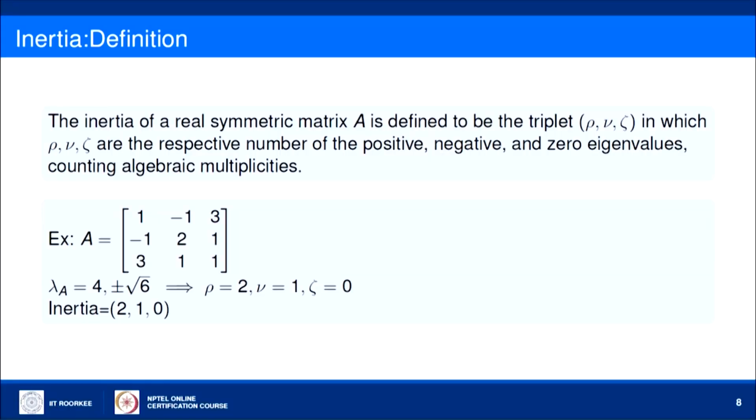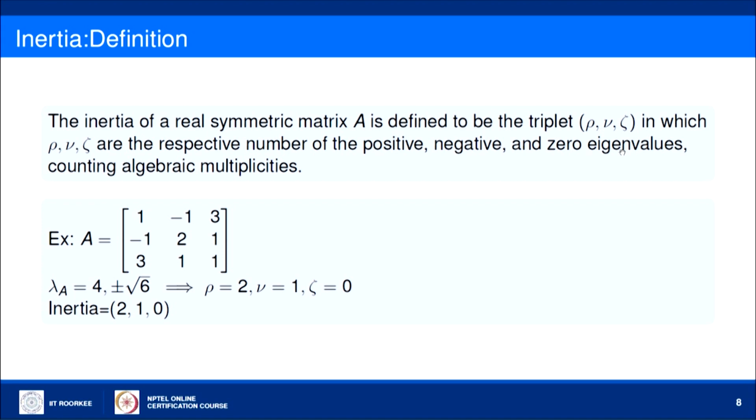Now, my next definition in the same category is inertia. How do we define the inertia of a real symmetric matrix? The inertia of a real symmetric matrix A is defined to be the triplet (rho, nu, zeta), in which rho, nu and zeta are the respective numbers of positive, negative and zero eigenvalues.